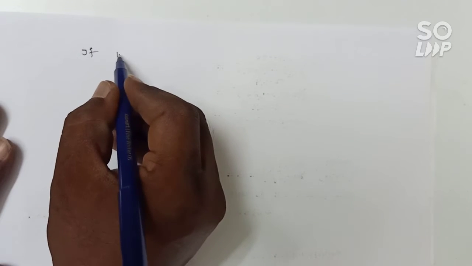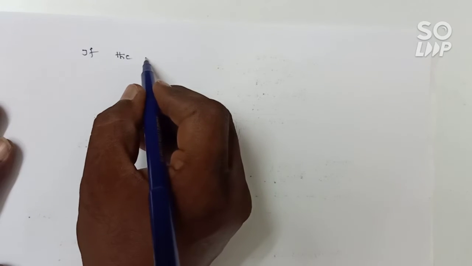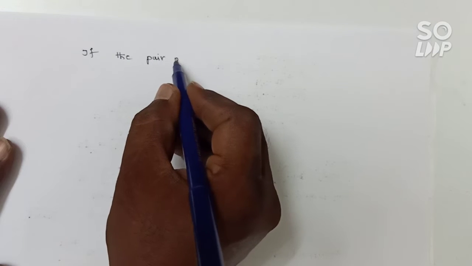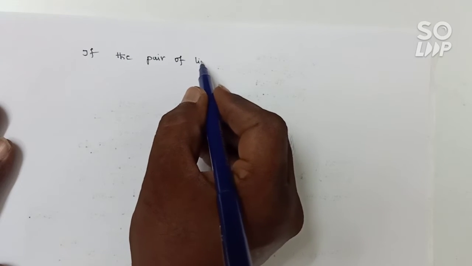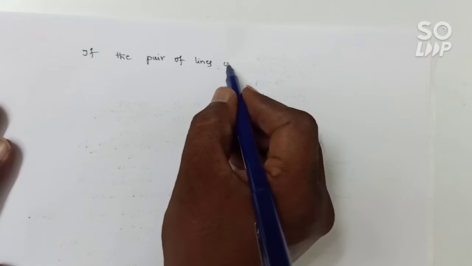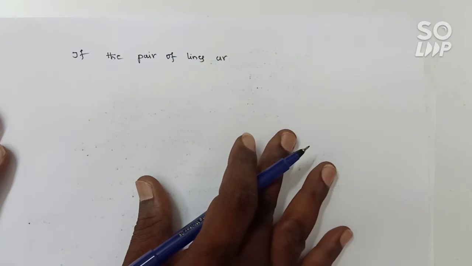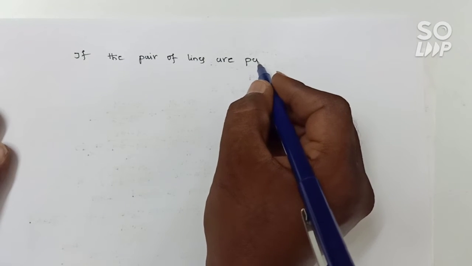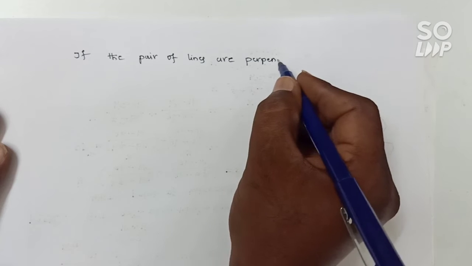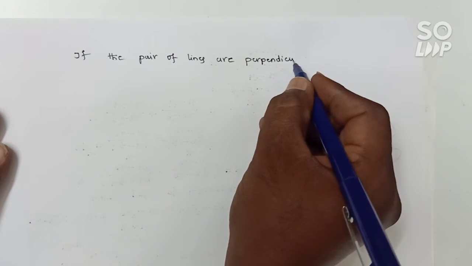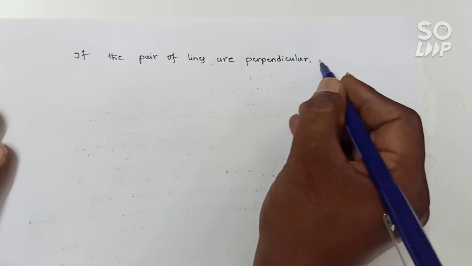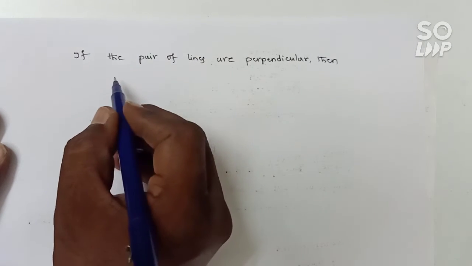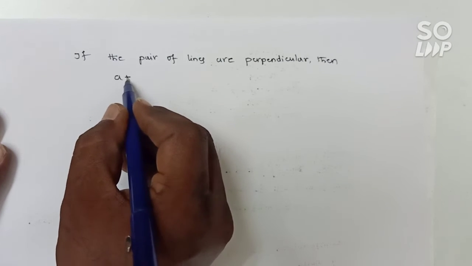If the pair of lines are perpendicular, then what is the condition? A plus B is equal to 0.